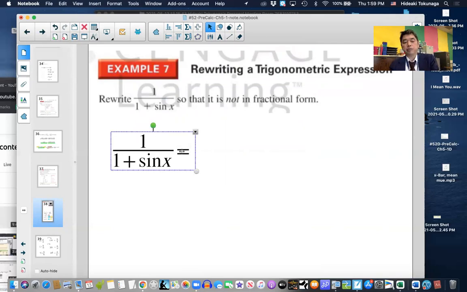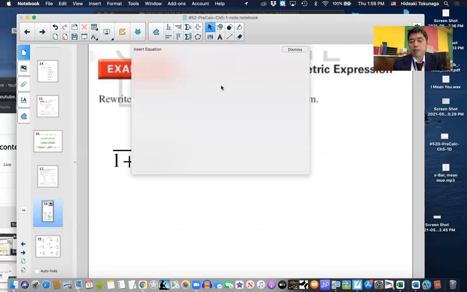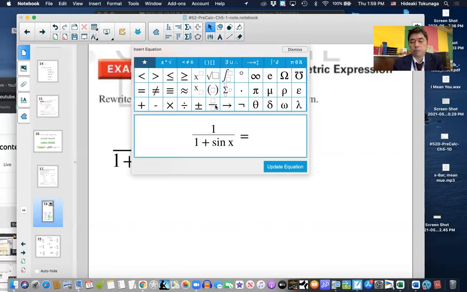Maybe you can think of 1 over 1 plus 1 over sine x, which is 1 plus cosecant x.